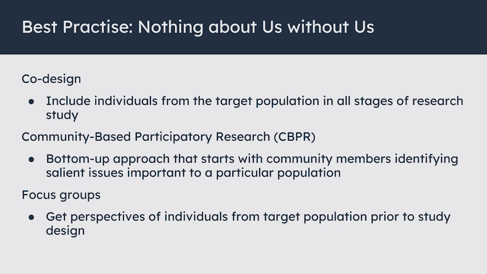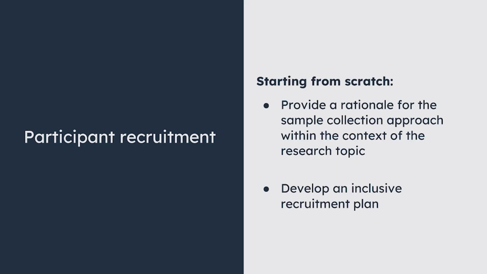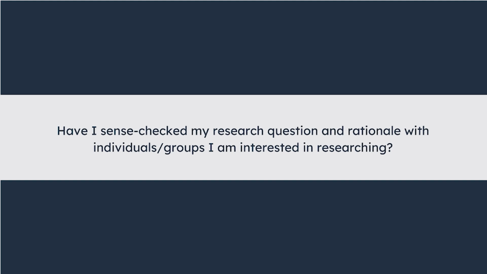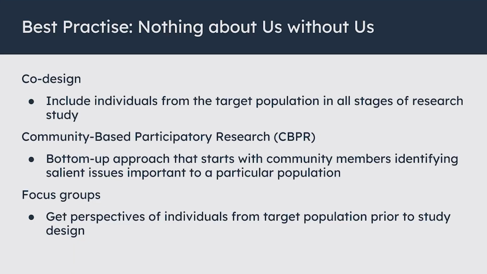So this is where members of the community actually identify issues that are salient to the community that they want to look at, and then you turn that into a research question and study. So this is particularly good for recruitment and retention, because people actually have a stake in the game.